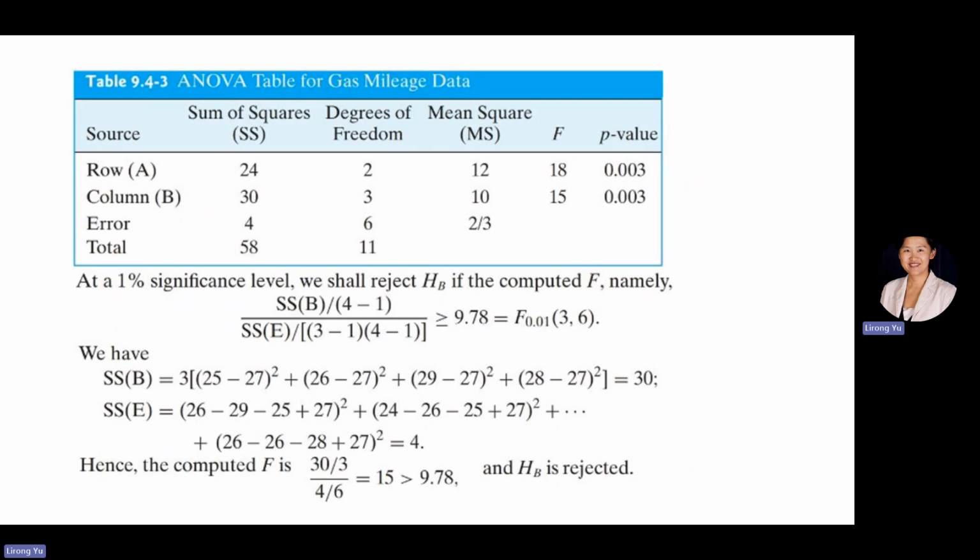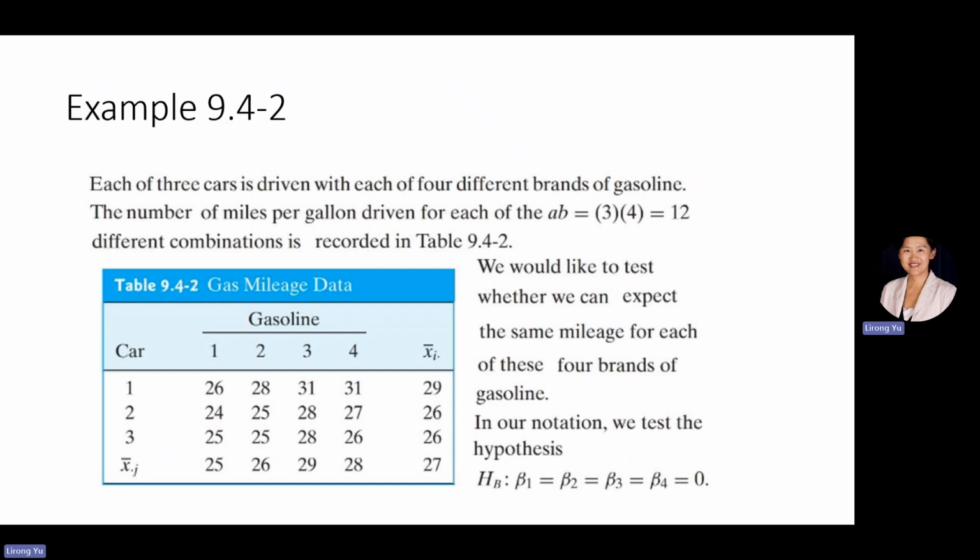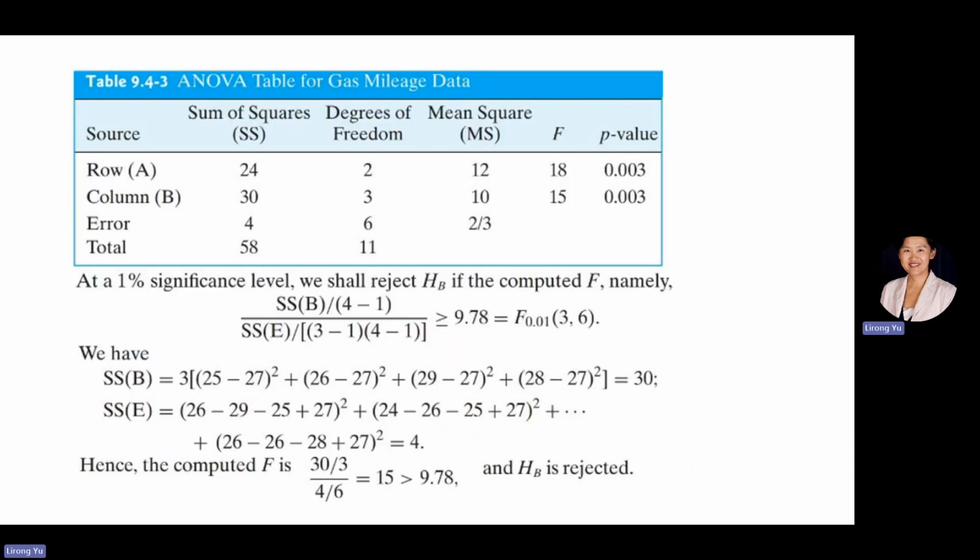So here is the ANOVA table. All right, so we're trying to focus on B here. As far as B, which is the type of gasoline, the degrees of freedom is 4 minus 1, which is 3. So you can see the calculation here. The total degrees of freedom in the denominator is 3 minus 1 times 4 minus 1, which is 6. Any question?